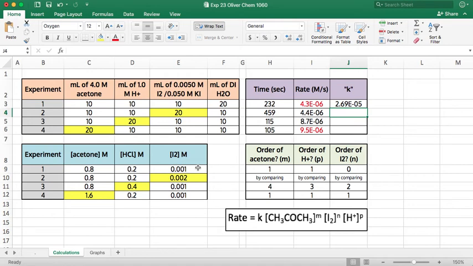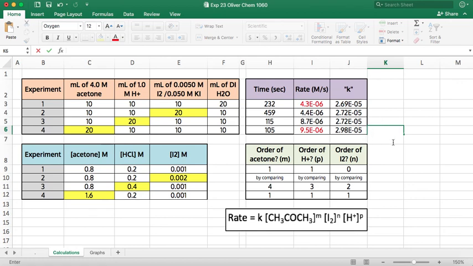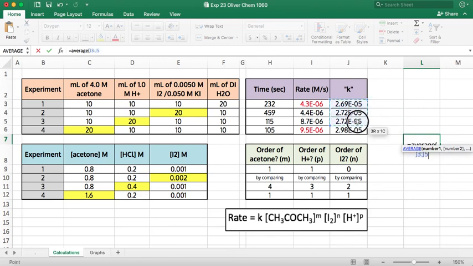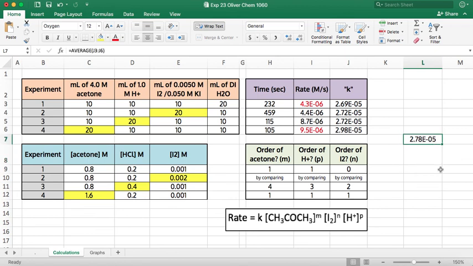That works, or you can just realize that anything to the 0 power is 1 and not include it, but I did it for thoroughness. So there is the value of K. I can drag through Excel, and then I think maybe in your lab report it wants you to find the average of K, and you would do that by saying equals, spell the word average, put a parentheses, grab that, hit enter, and it calculates it for you.